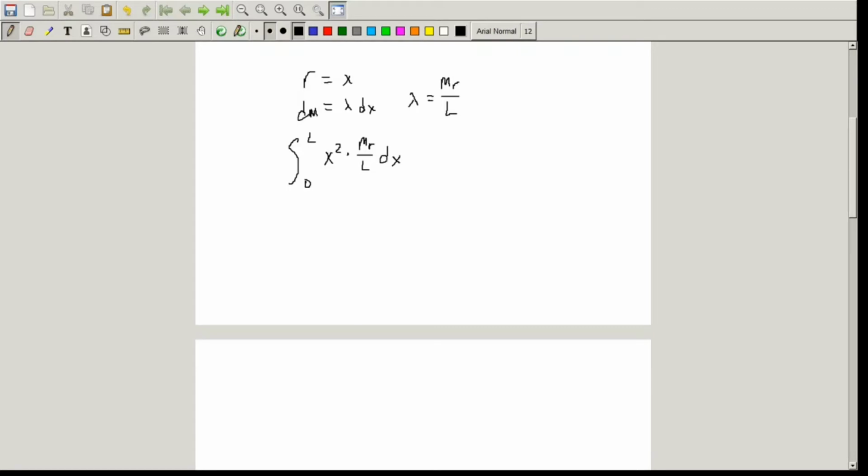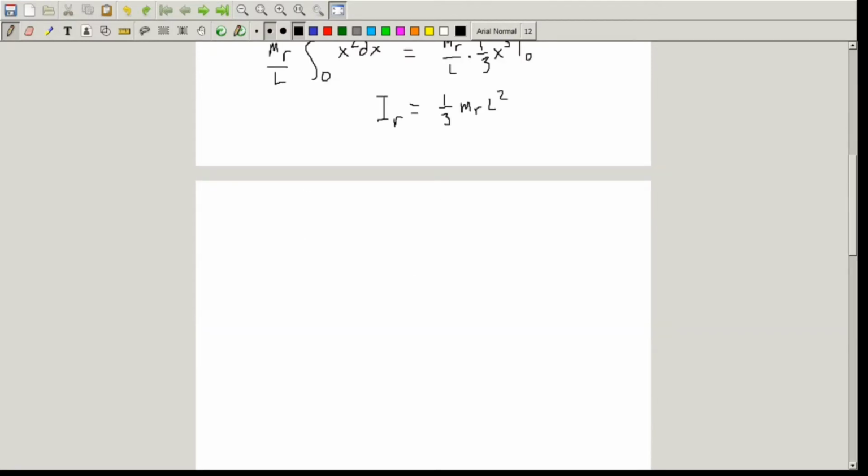And we can pull this m sub r over L out and then integrate the x squared dx, which will give us m sub r over L times 1/3 x cubed from 0 to L. And then if we plug in L and 0, we're going to end up at the end with 1/3 m sub r L squared.